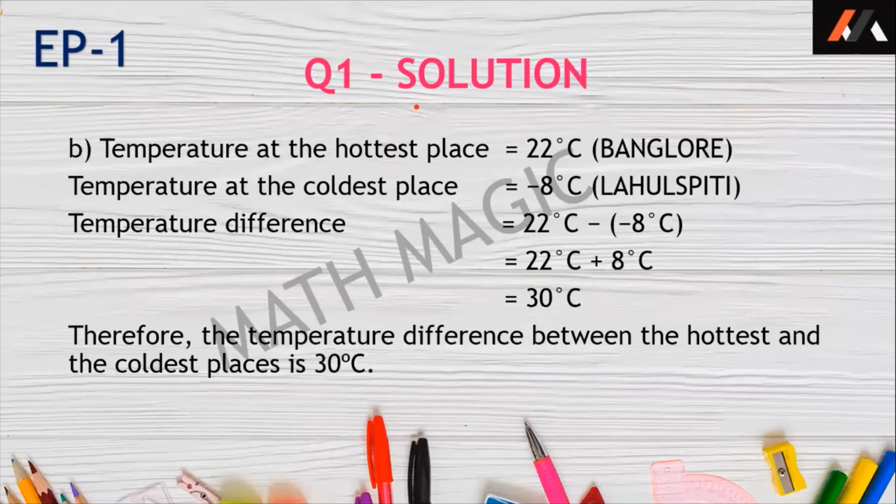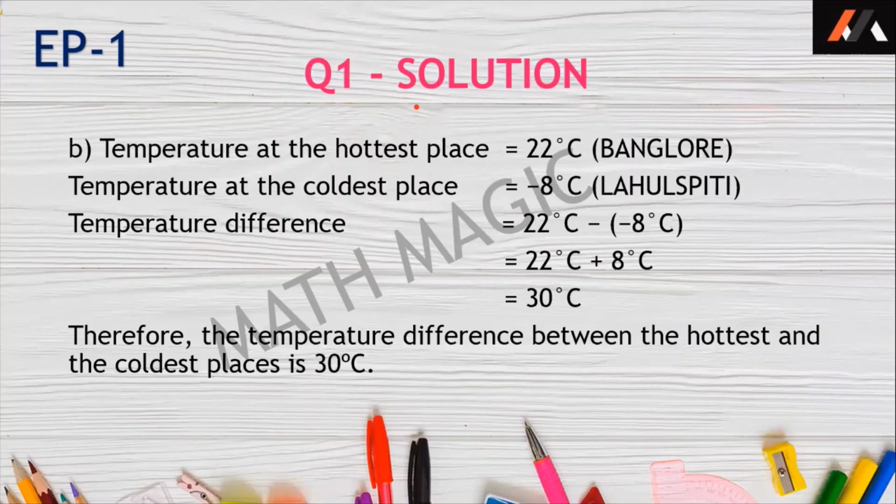Now the temperature difference. The word difference tells us that it is a subtraction sign. So we will take 22 minus minus 8 degrees Celsius. We often forget to put that minus, which leads to many big mistakes. So we know the basic fundamental thing of integers, that is minus into minus is plus.